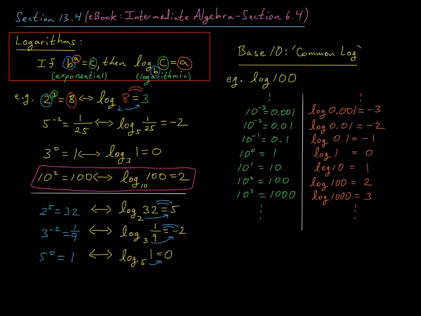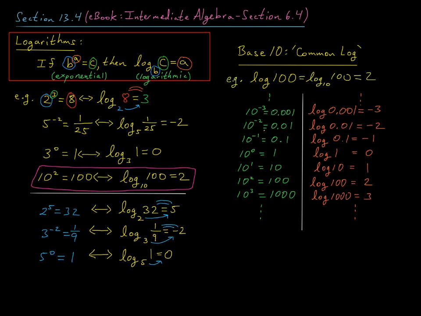Okay, so if I see just log, notice there's no subscript base written there, this really means base 10. So this is the same thing as saying what's the log base 10 of 100, and as we've just already noted over here, it's equal to 2 because 10 squared is 100. But again, when you don't see that subscript written, it means base 10.